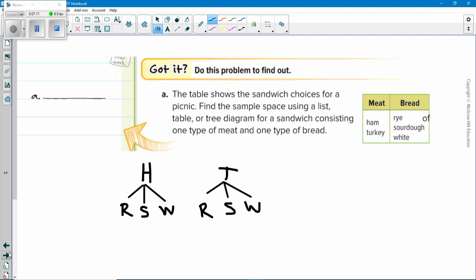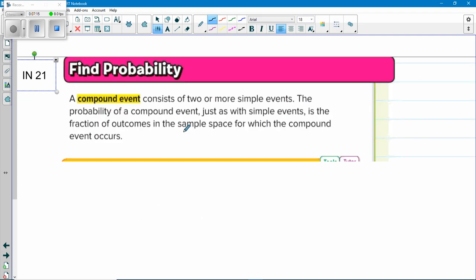Now, this is going to take us a little bit further because if you turn to the next page, it then talks about finding the probability of a compound event. And a compound event consists of 2 or more simple events. The probability of a compound event, just as with simple events, is the fraction of outcomes in the sample space for which the compound event occurs.